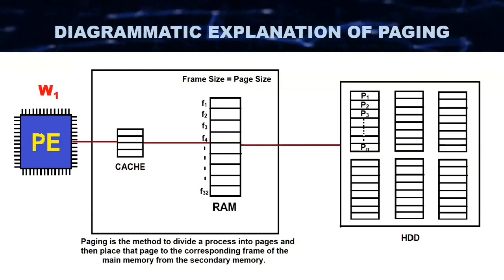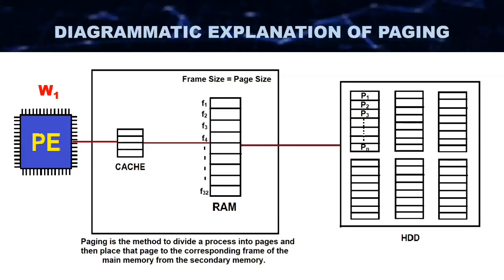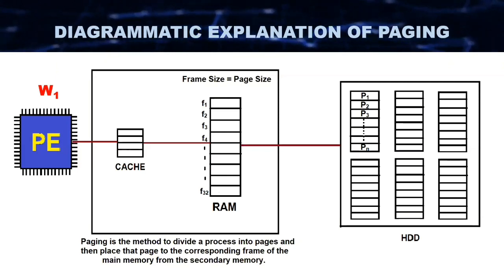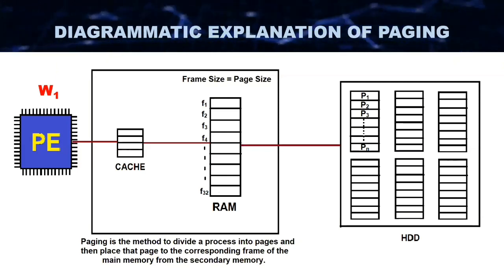Suppose the processor needs the word W1. The processor generates a logical address corresponding to W1, and then with the corresponding physical address, the processor tries to find that word inside the main memory. But suppose that word is not present inside the main memory.